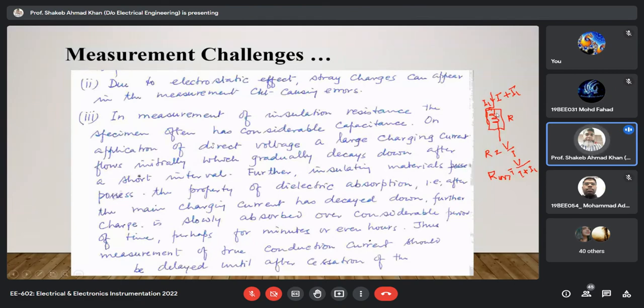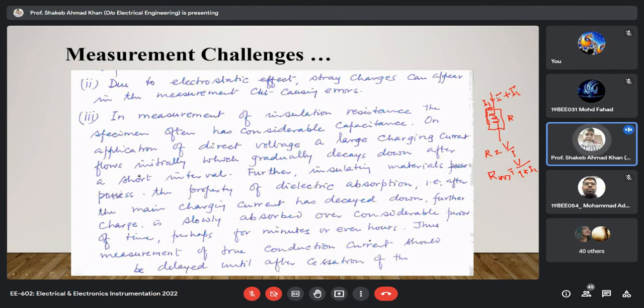That will lead to the problem of leakage current, because a current will flow through the body of the resistance and through the surface of the insulation also. We are not interested in measuring the leakage current, we are interested only in the value of the current passing through the resistance, that is, the conduction current.